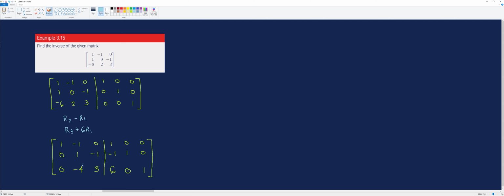Next, we need to convert this to 0 and 0 also. So to do that, for this to become 0, all we need to do is perform this operation, R3 plus 4R2, because it's 1. And for this to be equal to 0, we will perform this operation, that is R1 plus R2.